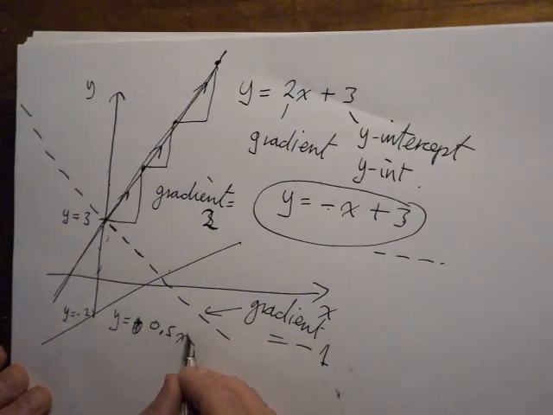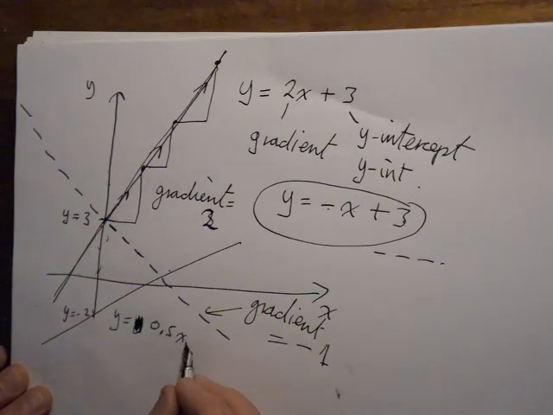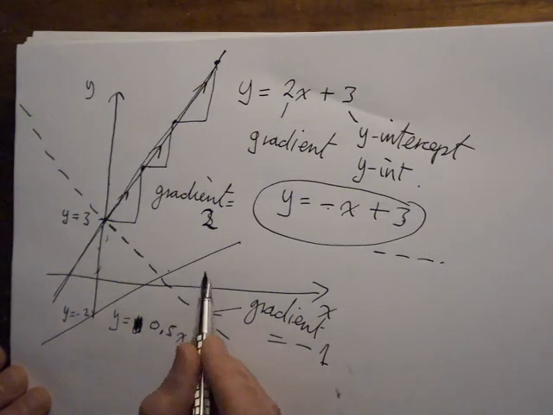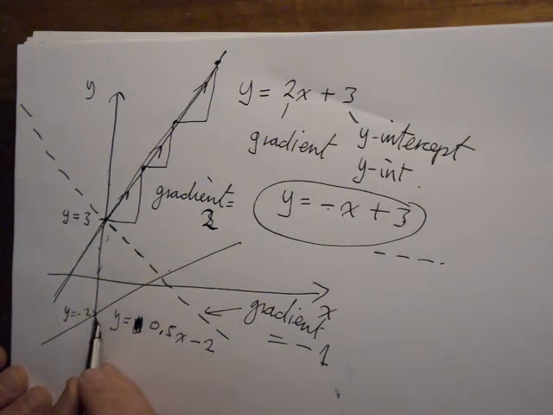So that would be an equation of y equals 0.5x minus 2. The 0.5 tells us that the gradient is positive, it's going uphill but rather slowly because 0.5 is a small number. And the -2 tells us that the y-intercept is down here below the origin, 2 units below the origin.